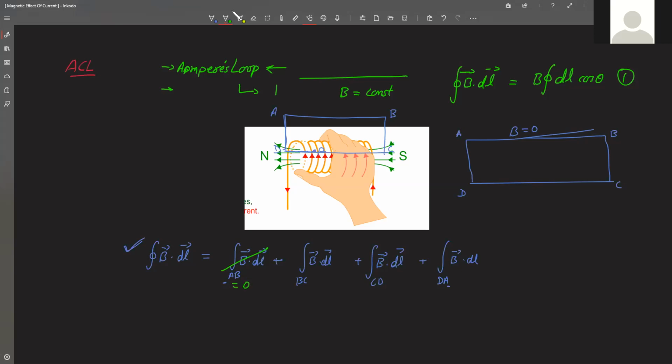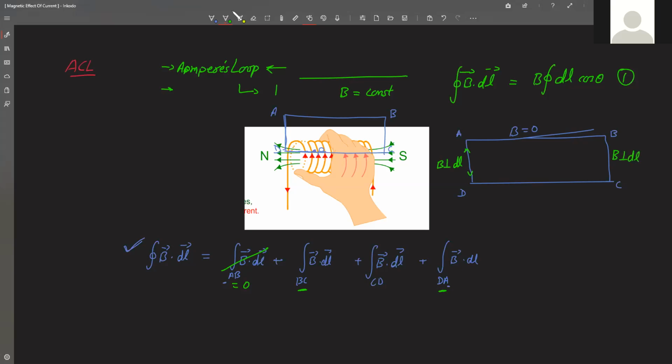Now consider the section AD and BC, that is this section and this section. In AD, B is perpendicular to DL because we are going either in this direction or in this direction. In both the cases, B and DL are perpendicular. Here also B is perpendicular to DL.